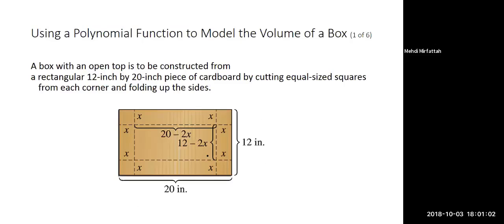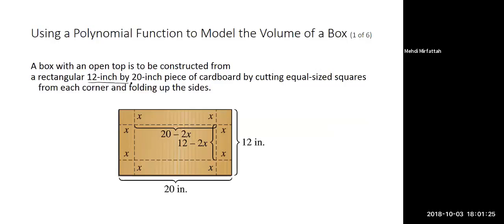So let's take a look at this application problem here. A box with an open top is to be constructed from a rectangular 12-inch by 20-inch piece of cardboard by cutting equal size squares from each corner and folding up the sides. So here we mark this, that would be 12 is the width and the length is 20.